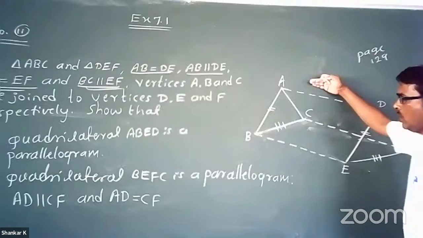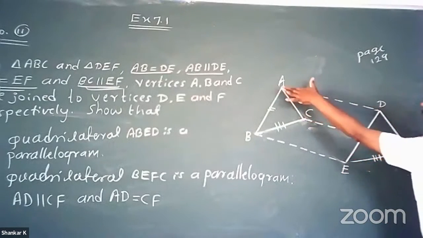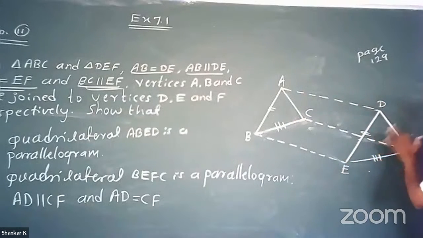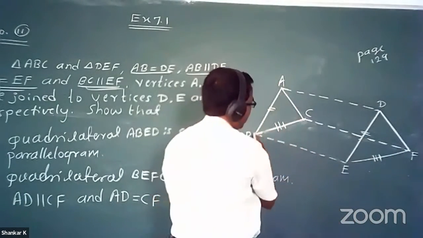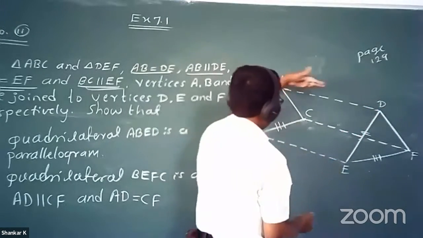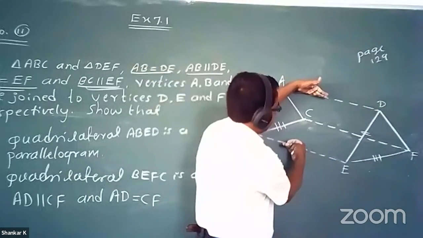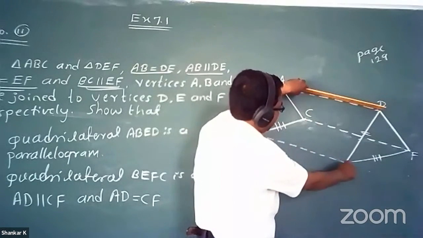How? Already you have shown ABED is a parallelogram. Means AD and BE are parallel. Yes, AD and BE are parallel.